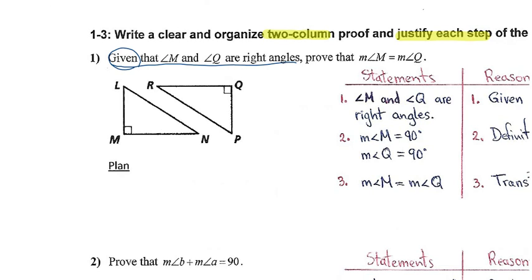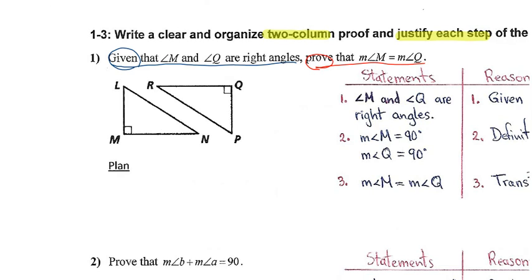And then we also have what we call the proof statement. What is it that you need to show that is true? You need to show, in this case, that the measure of angle M is equal to the measure of angle Q for this diagram that we have over here.